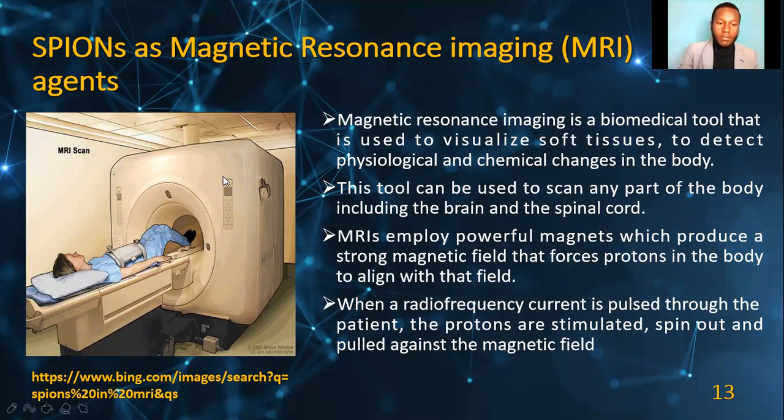This machine consists of a magnet that produces a strong magnetic field that forces protons in the body to align to that magnetic field. When a radio frequency current is passed through the patient, the protons are stimulated, spin out, and pulled against the magnetic field. Remember, our body consists of water.